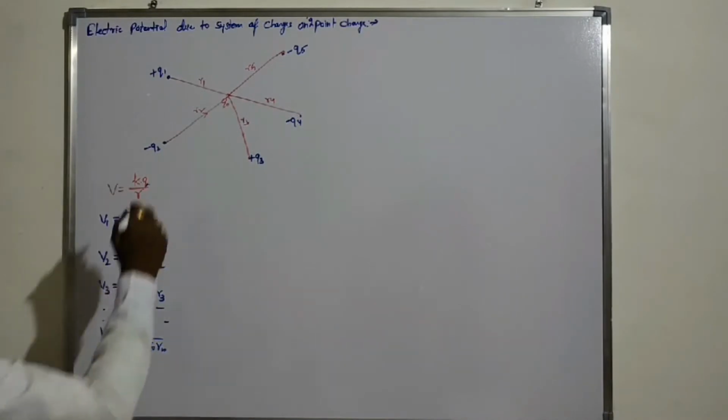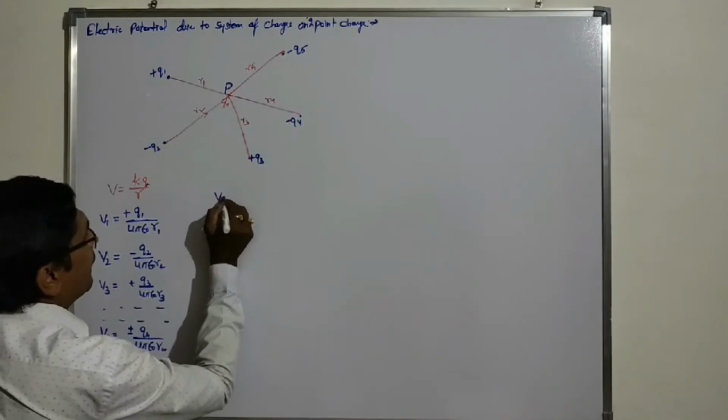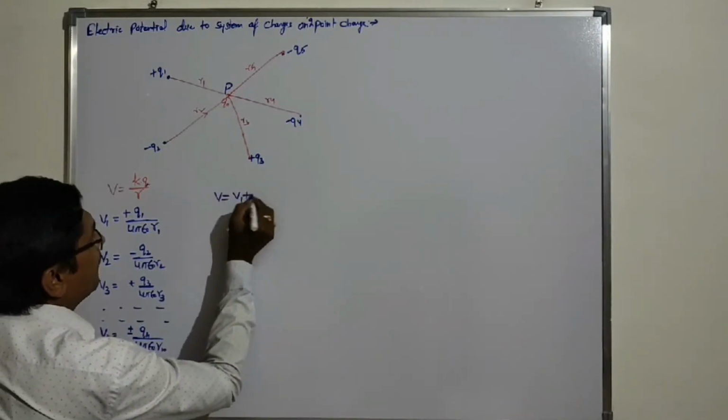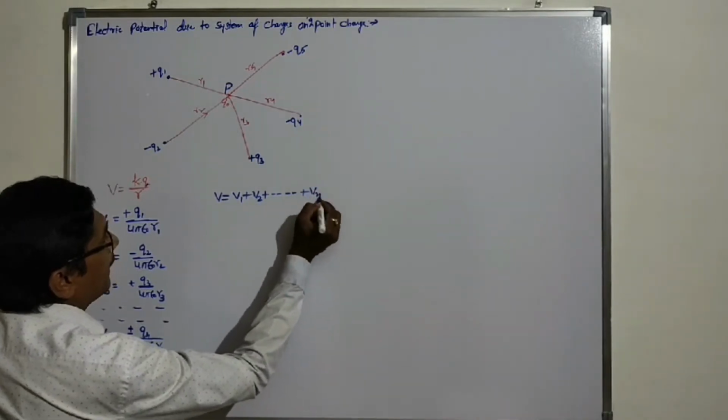Now the total potential at the point P can be given by V equals V1 plus V2 plus up to Vn.